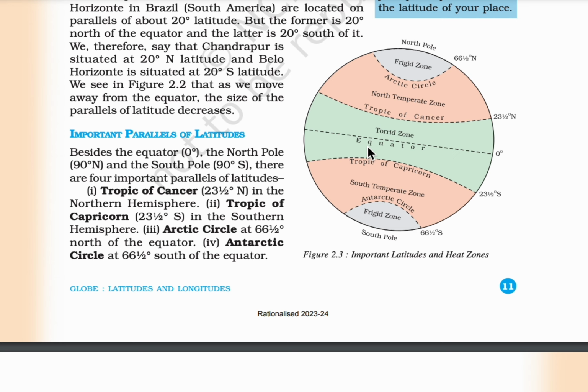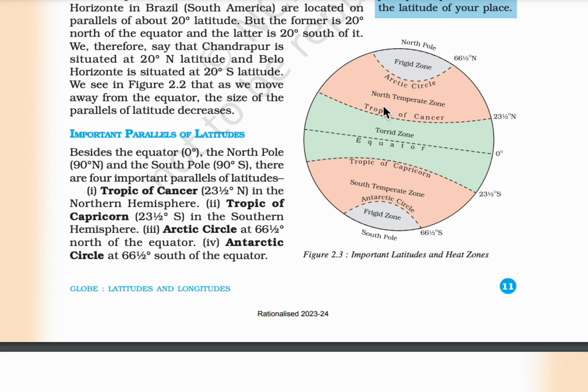The heat zones are based on the amount of heat received by different zones. The torrid zone lies between the Tropic of Cancer and the Tropic of Capricorn. This zone receives the maximum heat. The angle of the sun's rays is exactly overhead, and for that reason the torrid zone receives the maximum heat.